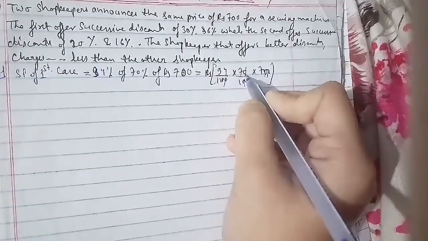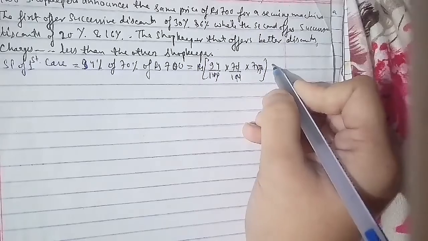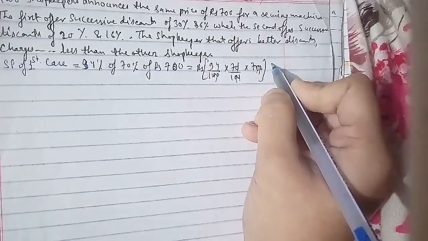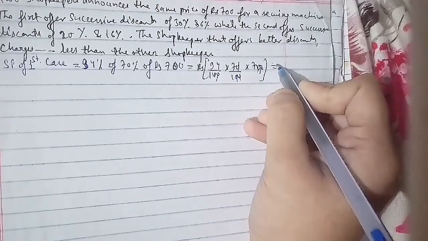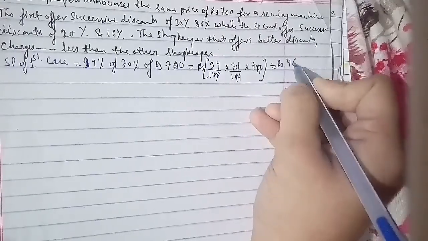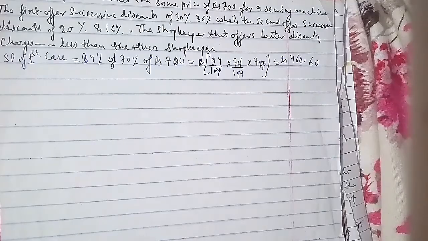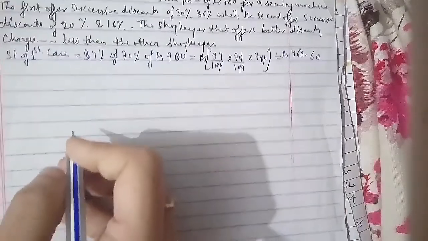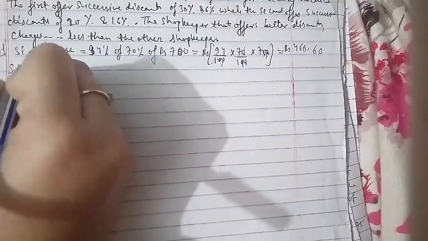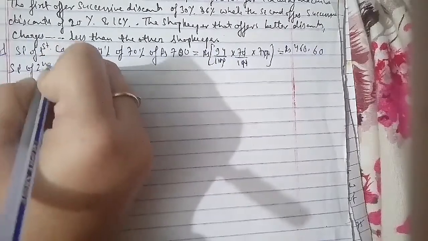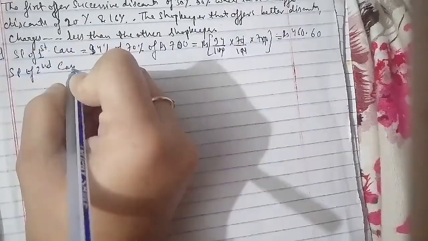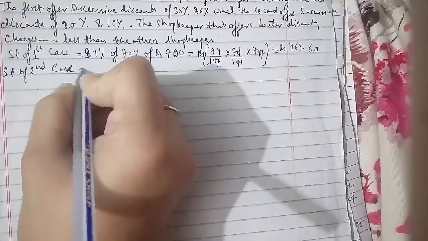So SP for the second case, that is the selling price of the second case, is equal to 84% of 80% of rupees 700 that we had been given here.